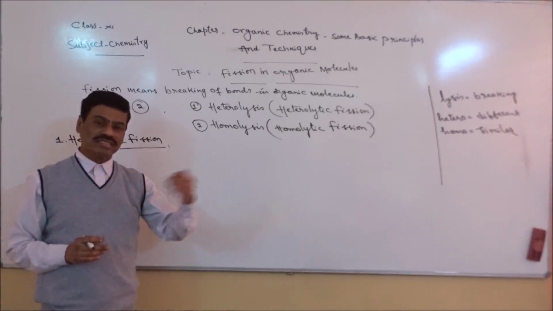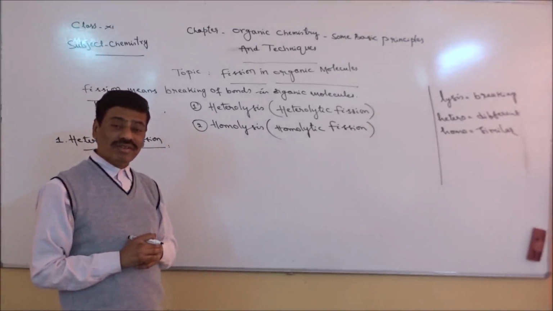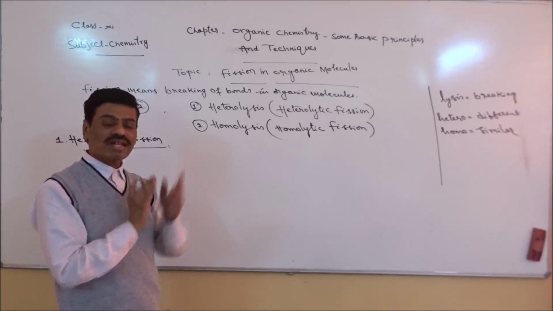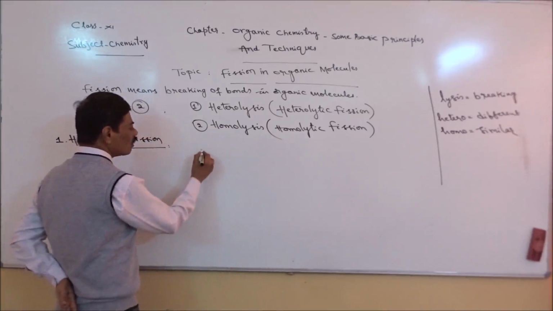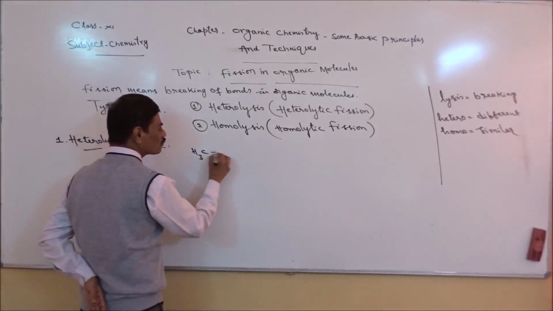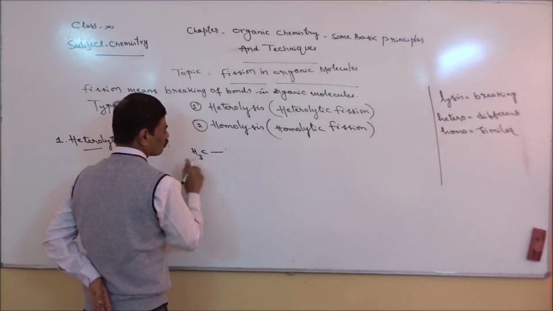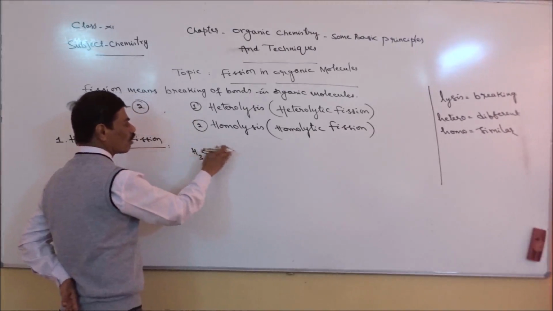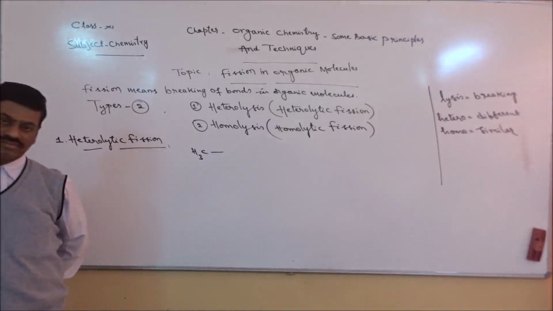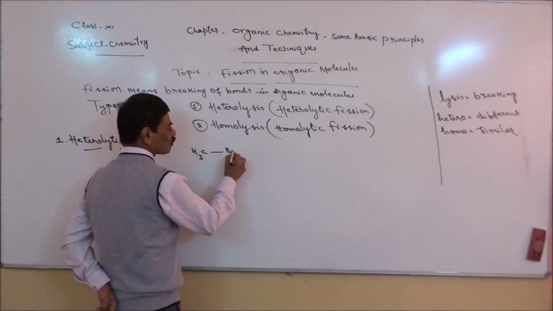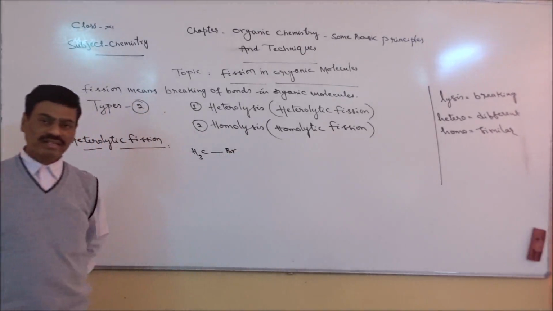Each fragment or each particle will have a particular amount of charge. Let us see one example for this. CH3, CH2, Br, bromoethane, you can take, or CH3, Br, you can take.